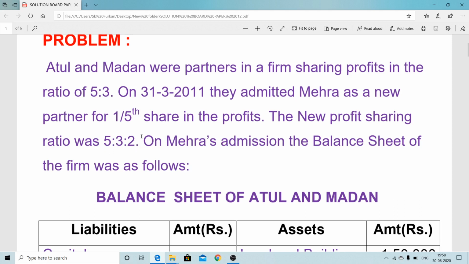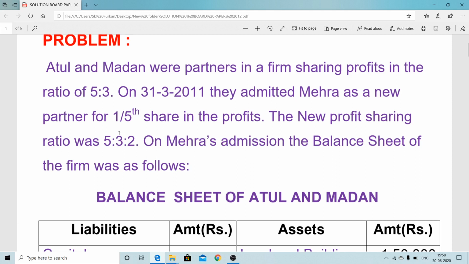Then what do we have to do? First of all, we should calculate SR as well as GR, the sacrificing ratio and gaining ratio, for the treatment of goodwill. Whenever a new ratio is provided, the old ratio may or may not be the sacrificing ratio.